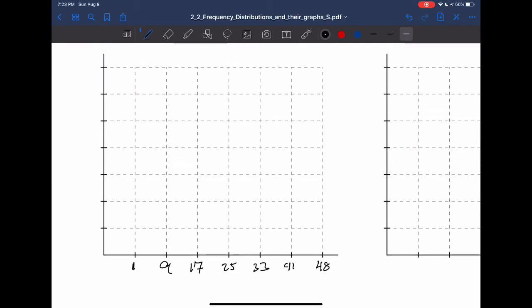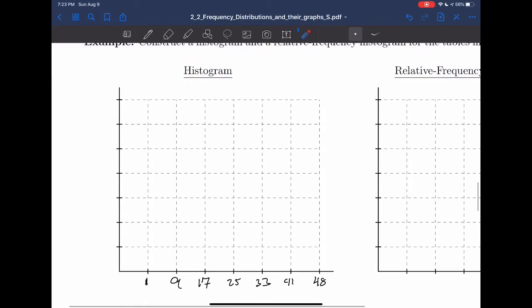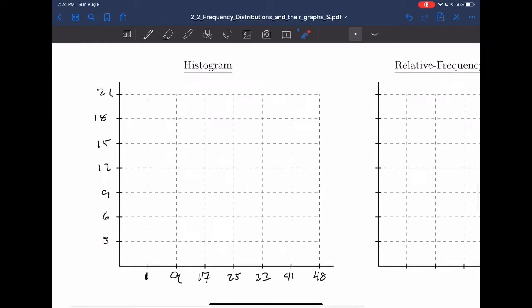Awesome. Now we consider our y-axis. Since we're dealing with frequency, our numbers should be 3, 6, 9, 12, 15, all the way to 21. Notice that they're all equally spaced. I'm not jumping randomly, they're all increasing by 3.